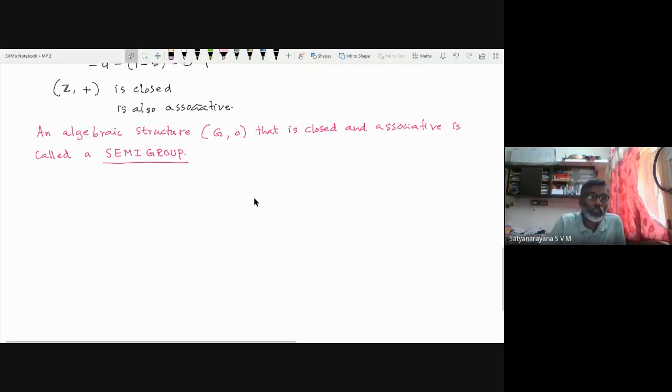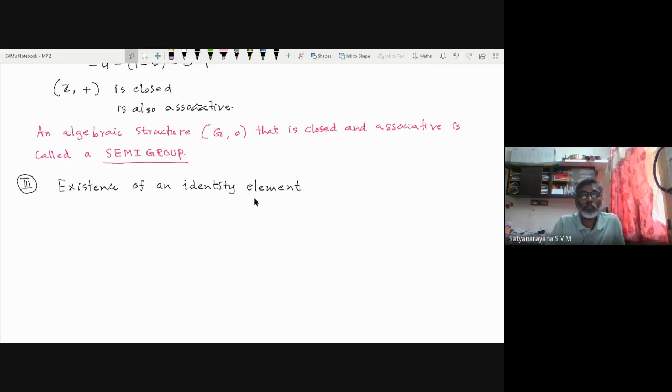So the third axiom is called existence of an identity element. Okay. What does that mean?